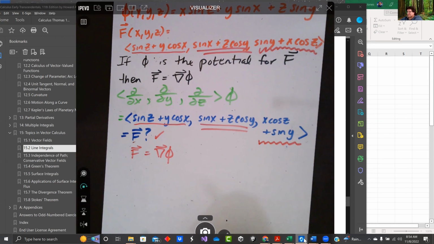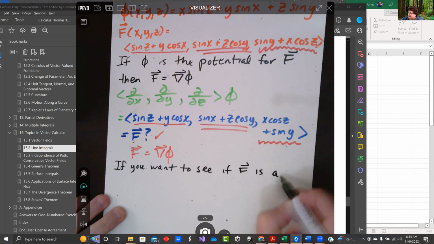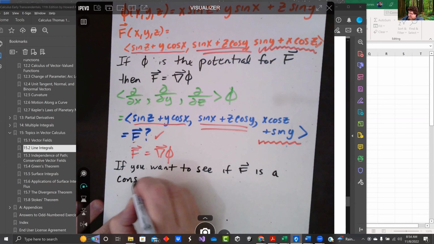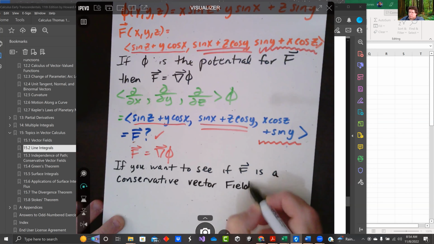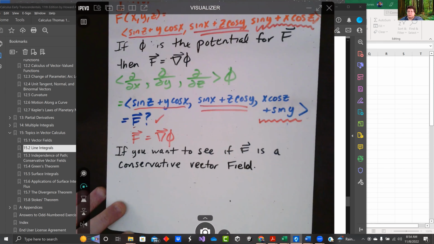Now, while I still got a few minutes left, if you want to check if F is a conservative vector field, we'll be doing a lot more with conservative vector fields in 15.3.